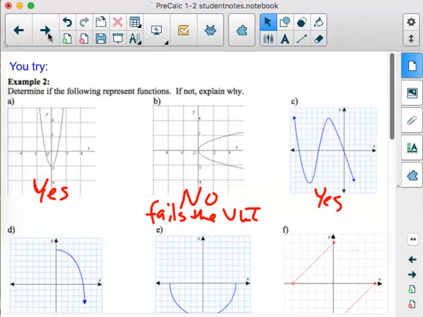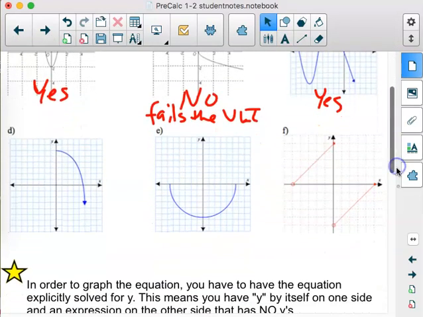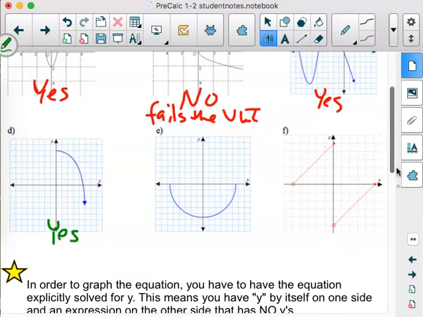That will pass the vertical line test. D, that's a yes. That'll pass the vertical line test. E, that's a yes. Passes the vertical line test. And F, at first we're like, oh, I don't know, does this really pass? Because what happens if we draw a vertical line right there?